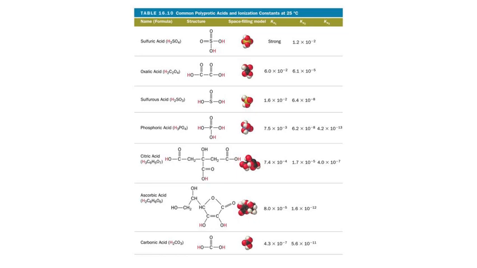You'll also notice that the first Ka is always larger than the second Ka. That first hydrogen dissociates easier than the second or third.